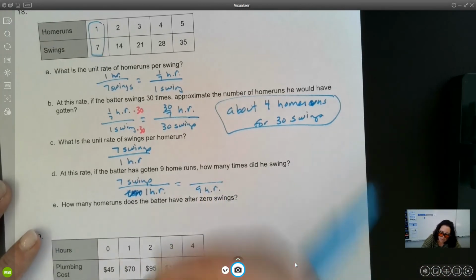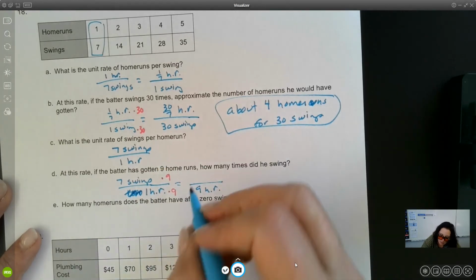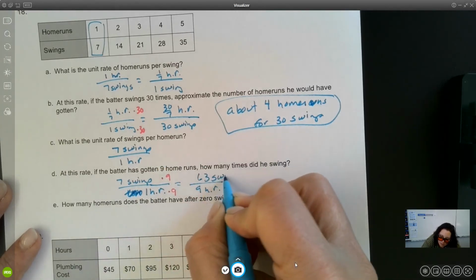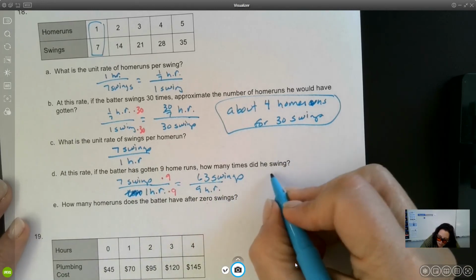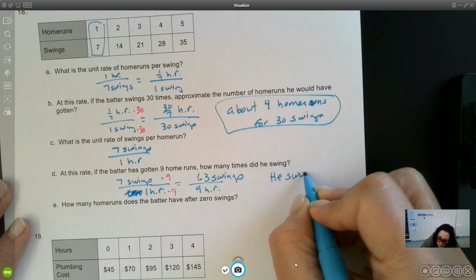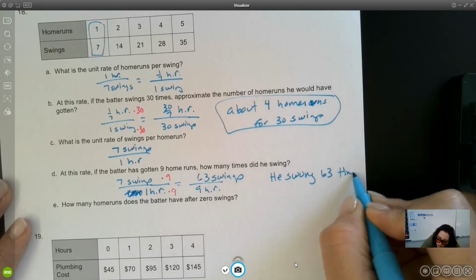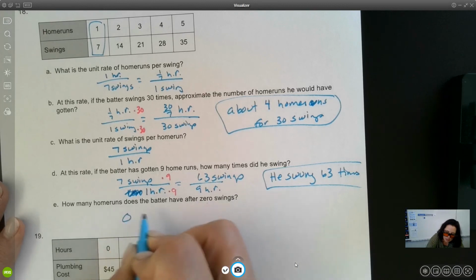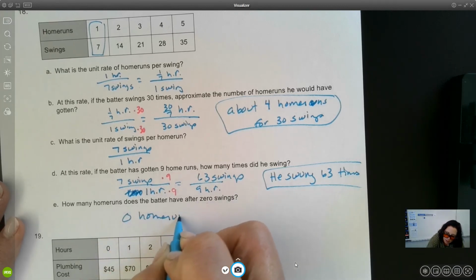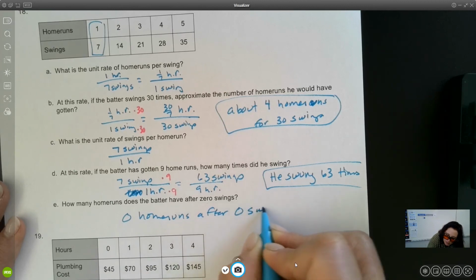We're multiplying by 9. So 63 swings. Okay, this is not your answer. We have to answer the question. How many times did he swing? He swung 63 times. How many home runs does the batter have after 0 swings? 0 home runs after 0 swings.